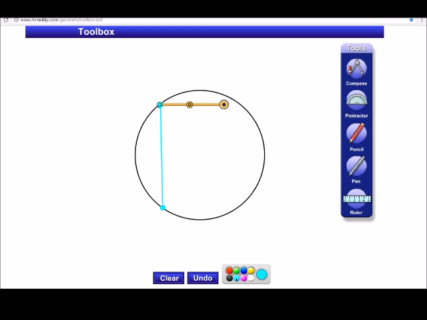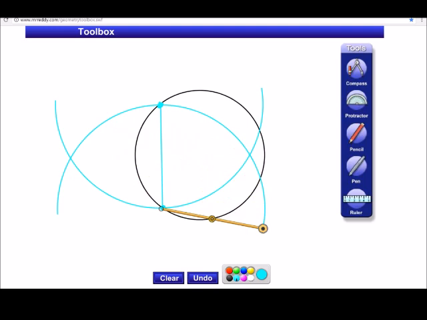So we simply measure our segment and construct the perpendicular bisector of that segment. Now, why do we want the perpendicular bisector of this segment? Because we have a theorem that says the perpendicular bisector of a segment contains the center of the circle.